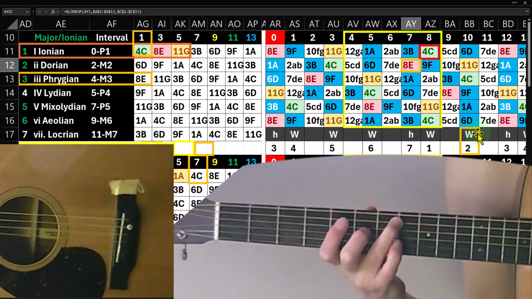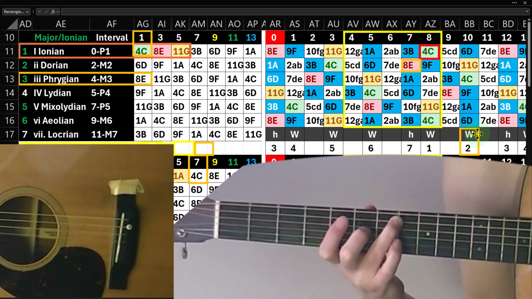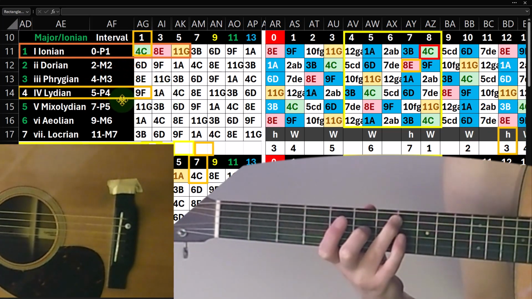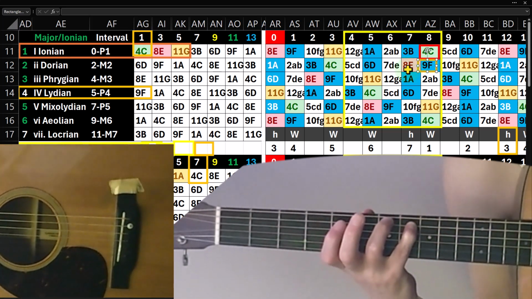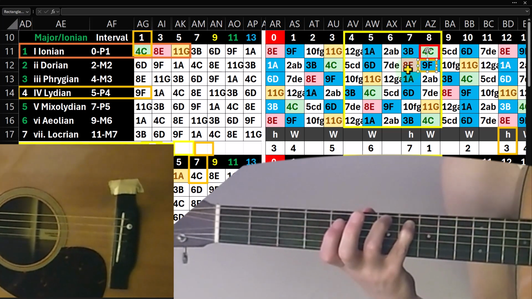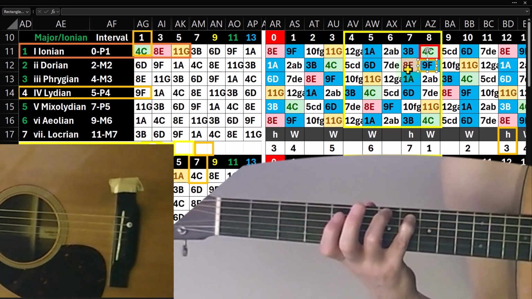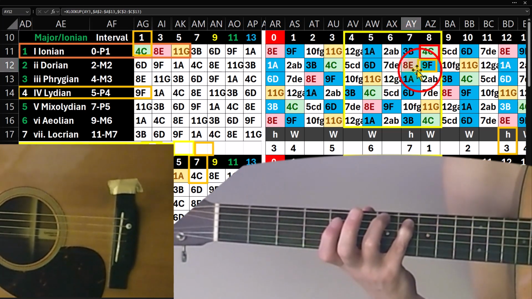So we have the 3 there, and then we're going from the 3 a half step to the 4. So that's going to be a half step. All right, and then going from the 3, which is absolute mode number 3, Phrygian, to the 4, absolute mode number 4, which is Lydian.